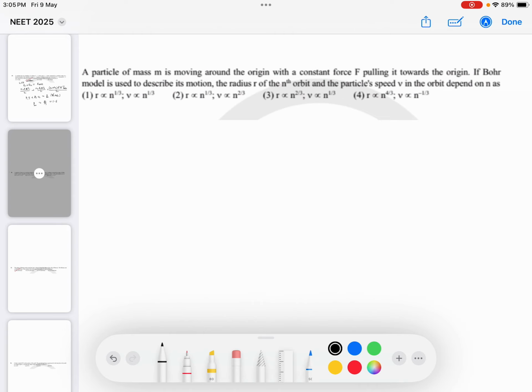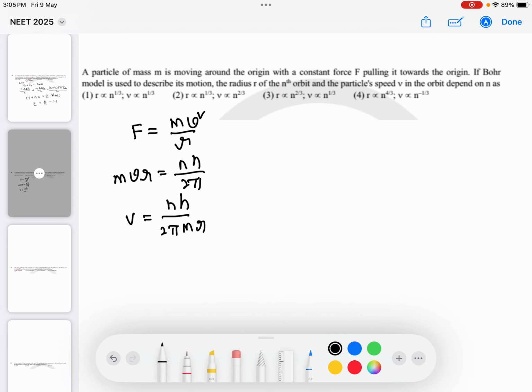According to this, the particle is moving in a circular orbit, so F is equal to mv square by r. According to Bohr's theory, angular momentum is equal to nh by 2 pi. From this equation, velocity can be taken as nh by 2 pi m r.